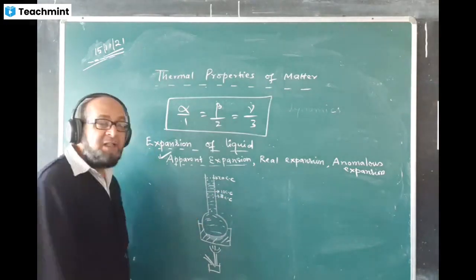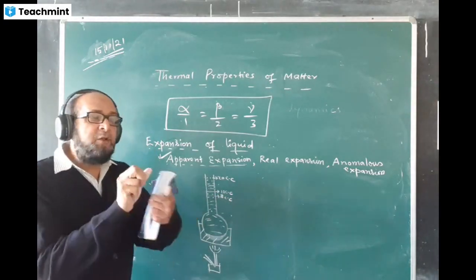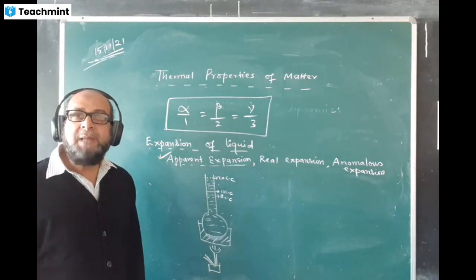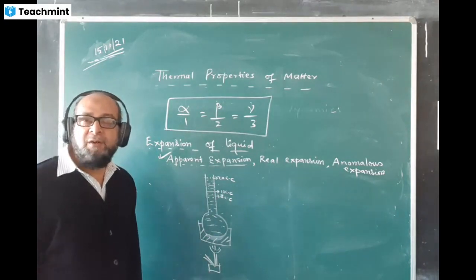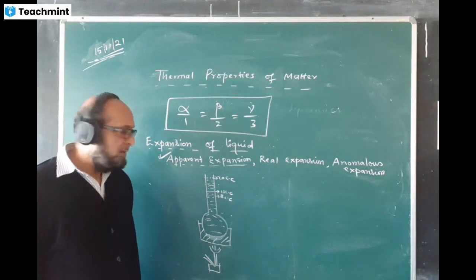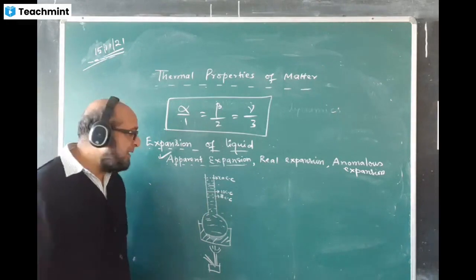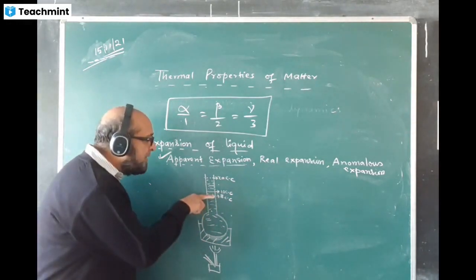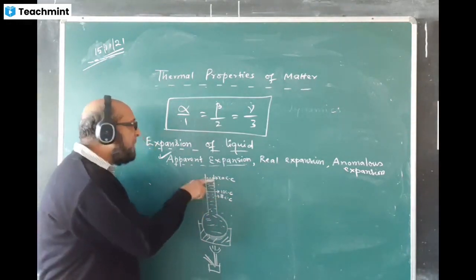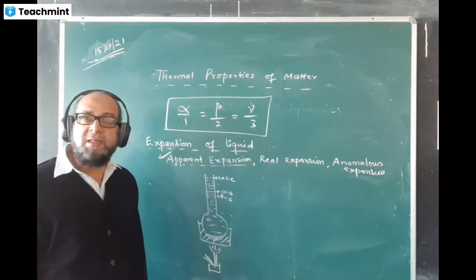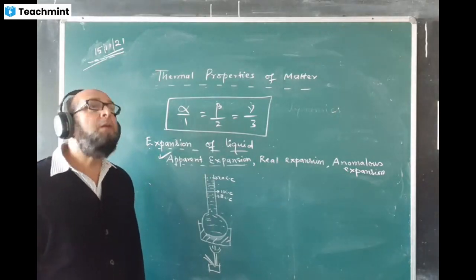There is a maximum capacity of expansion of the container. After that, it will not expand further. Once the container expands to its maximum capacity, the level of liquid will now start rising. Now it becomes 20. What is the actual expansion of the liquid?